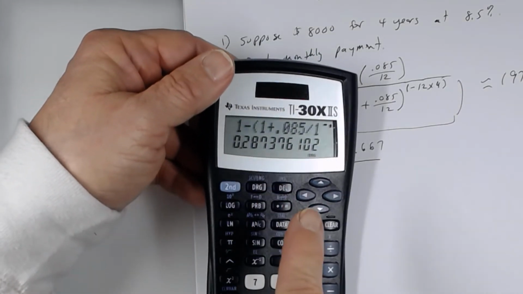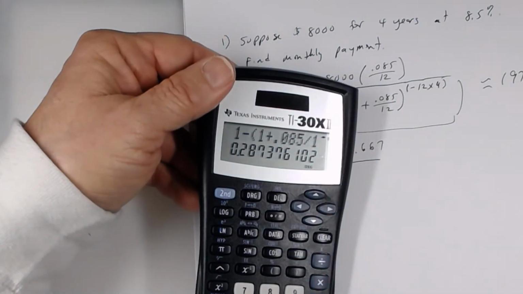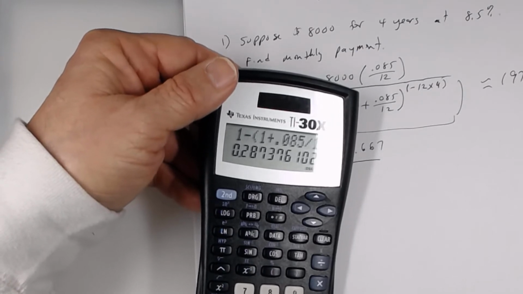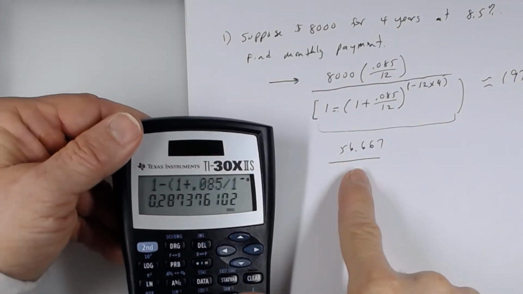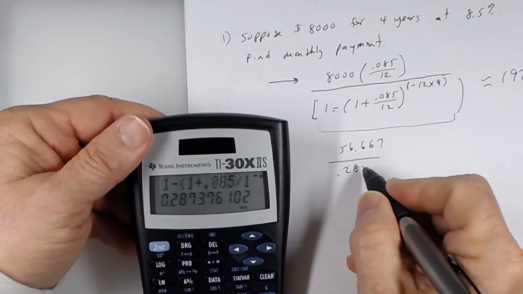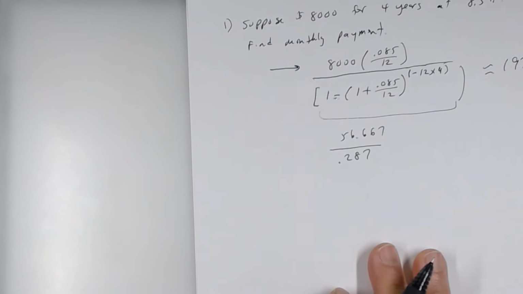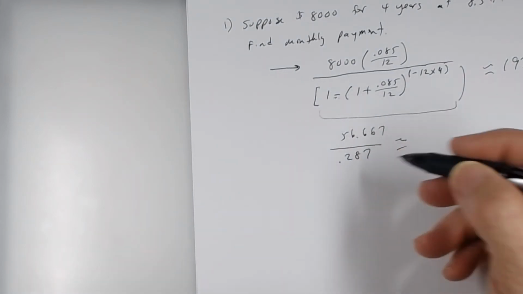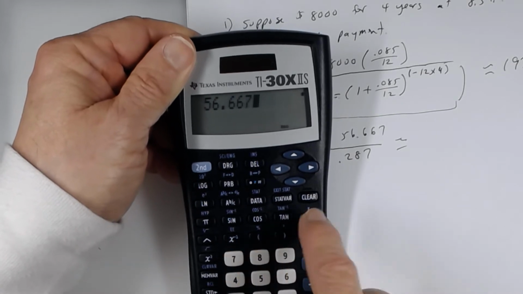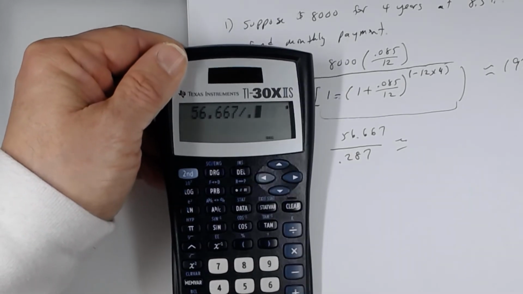That is my denominator. But remember, I need you to write 3 digits behind the decimal point if you're going to do it this way. So that's going to be 0.287. You agree? Now, take your calculator, say 56.667 divided by 0.287.